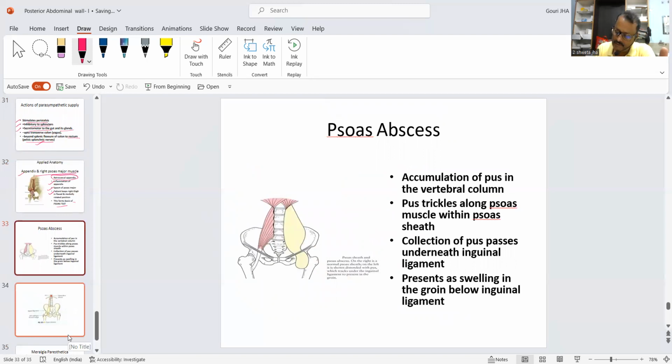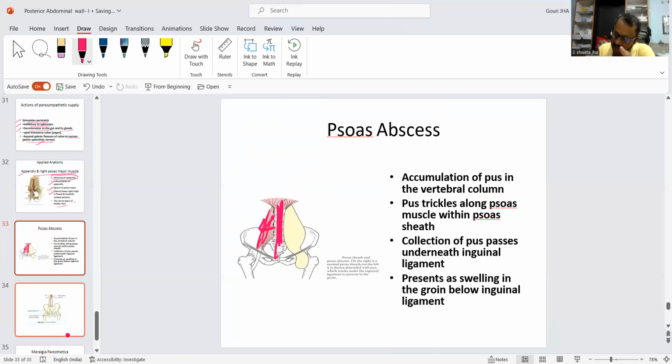Now, psoas abscess. If there is any pus in the vertebral region, it will not enter into the anterior abdominal wall because of the firm attachment of the anterior longitudinal ligament. So it finds it easier to push laterally, and it will come to the psoas major muscle, and above the psoas we have the sheath over here, so it will pass behind the sheath.